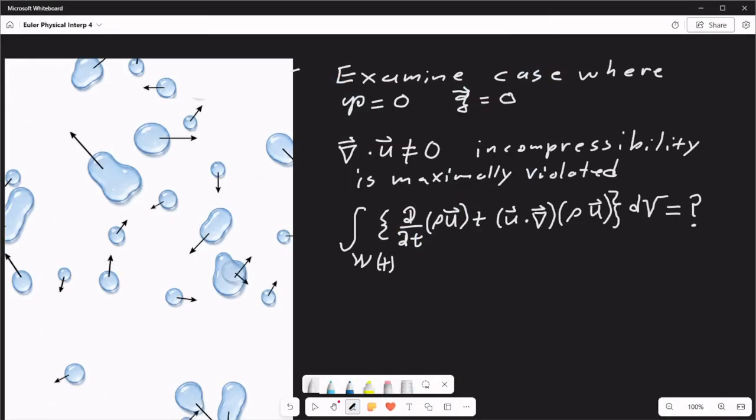So in this scenario, instead of this side being equal to 0, what this side actually equals is the full equation, which basically equals this integral, which is negative rho and then the gradient dot u term, that in this case does not disappear, and dV. So there are these serious changes in basically the compression as well as the density of the fluid right here.